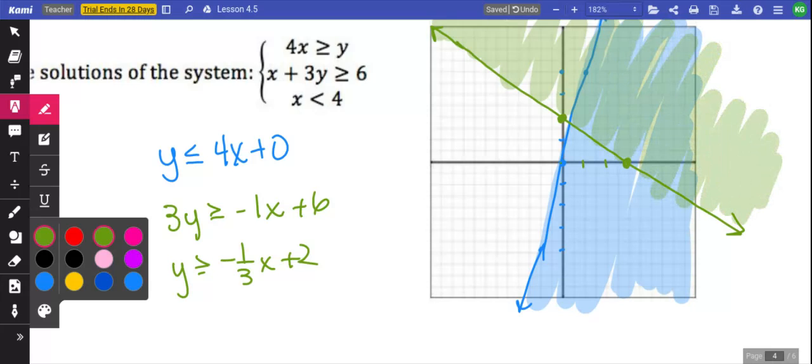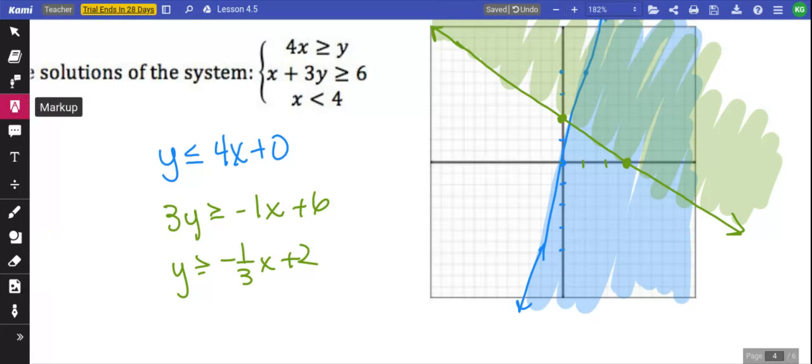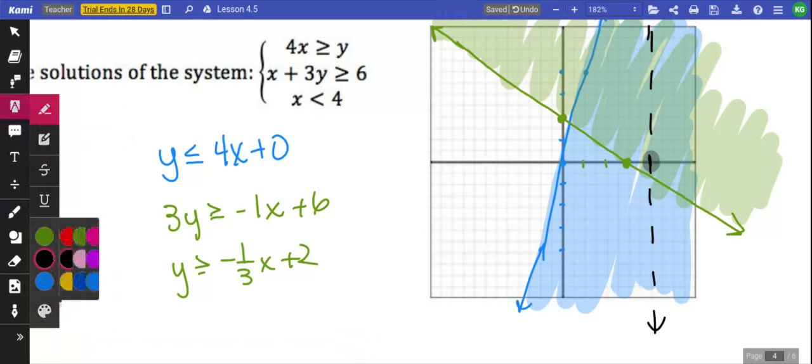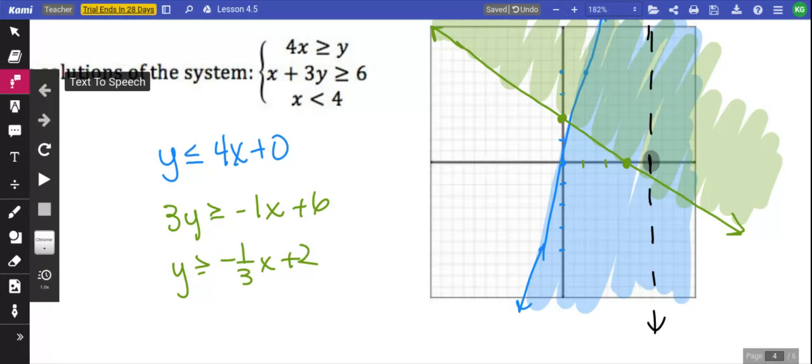And then the third one is x is less than 4. Oops, I didn't turn it into this. And it is only less than, so it's going to be dashed. And it is less than, so I'm going to shade to the left.